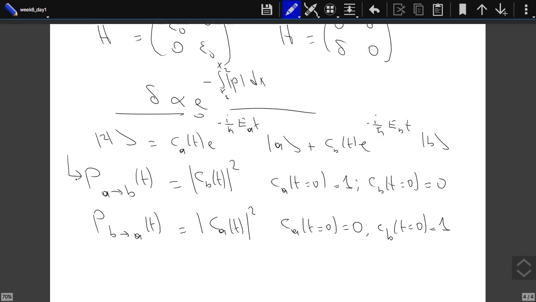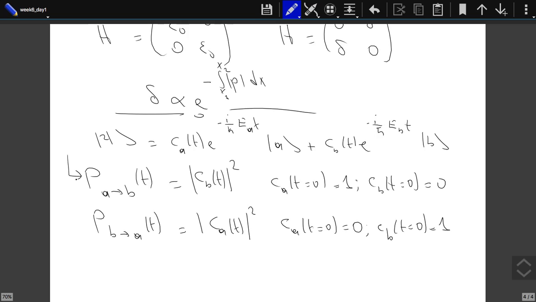So first we have to create all these states in state A, and none of them should be in state B. That is what the initial conditions are about. Then at time t, we look at how many of them are still in state A, how many of them are now in state B. The probabilities are nothing but the absolute squares of the coefficients of my states.